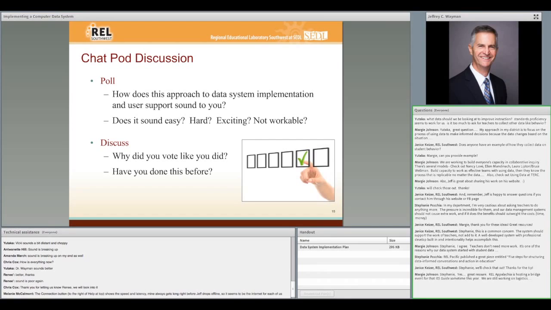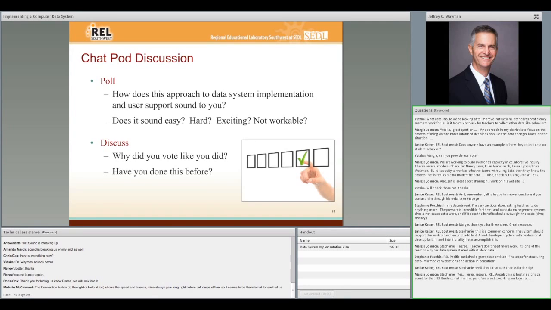Now, as you guys talked about in your chat pod with discussions about buy-in, you've got to be able to show them that this is going to work, because teachers are a very pragmatic group. They have their meters very high on this because they've seen stuff come down the pipe before. We're always going to make things better for them, and often we don't.